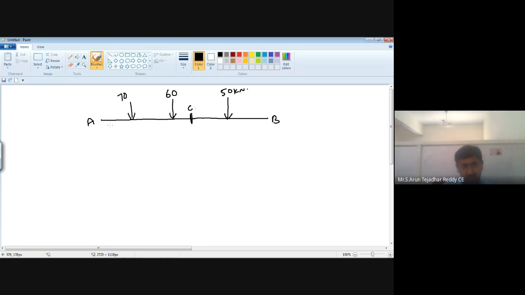Generally, spans are not required. Okay.